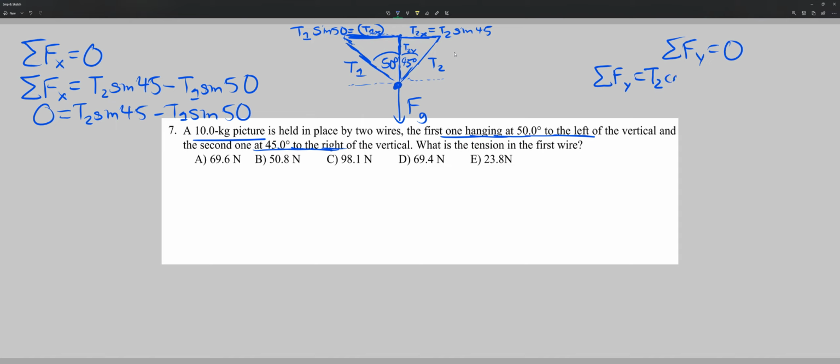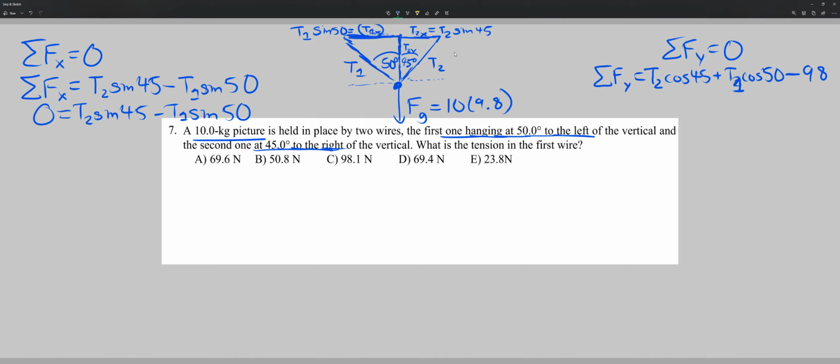I'm going to say T2 cosine of 45 degrees plus T1 cosine 50, because those are my two vertical vectors. And I'm going to do minus my force due to gravity. My force due to gravity is mass times g, so it's 10 times 9.8, which means it's minus 98.